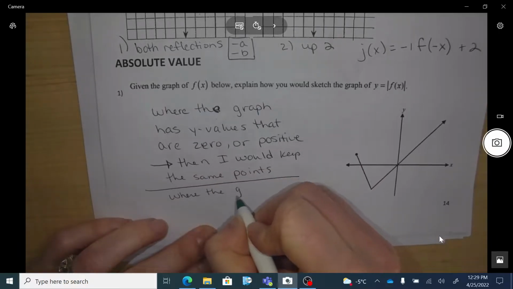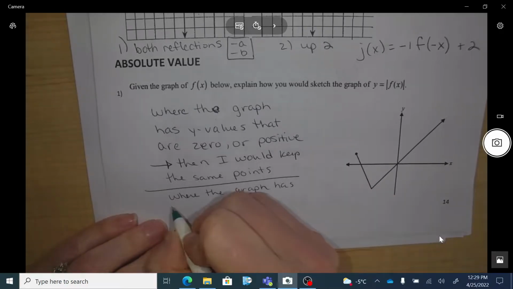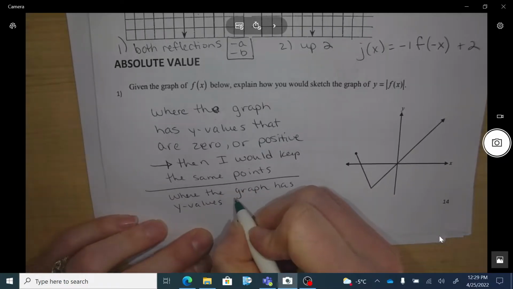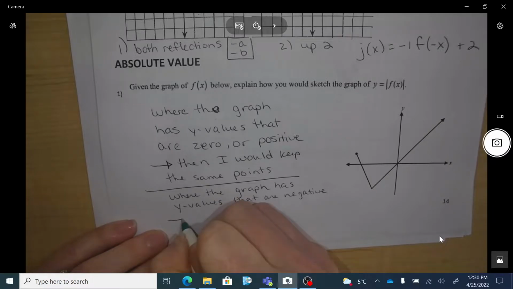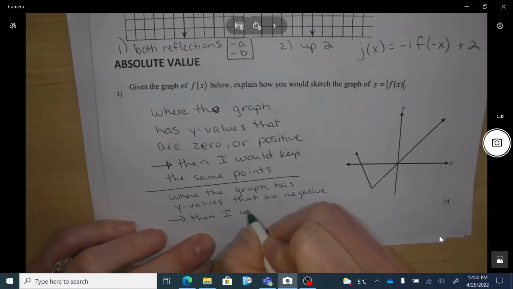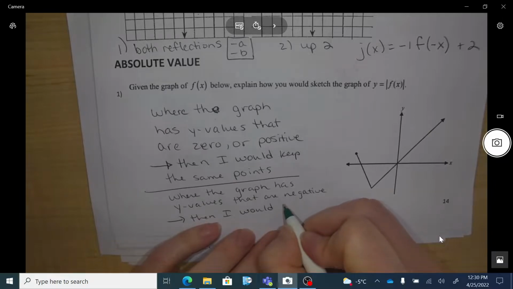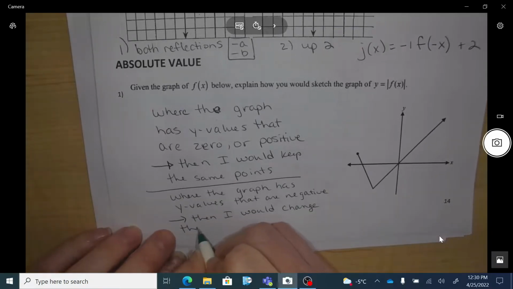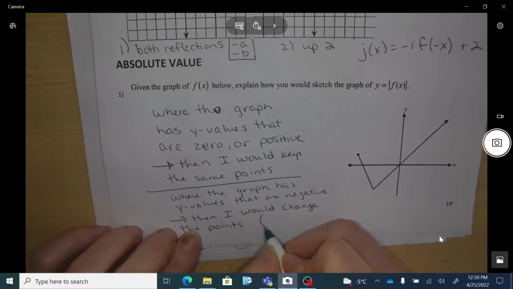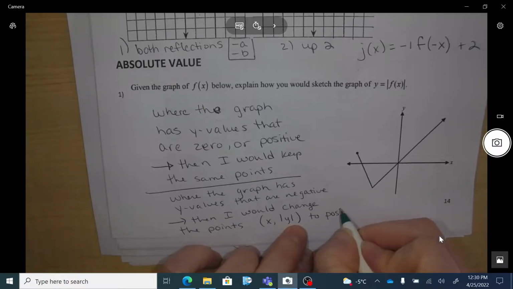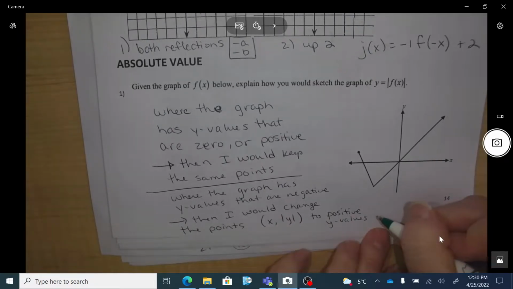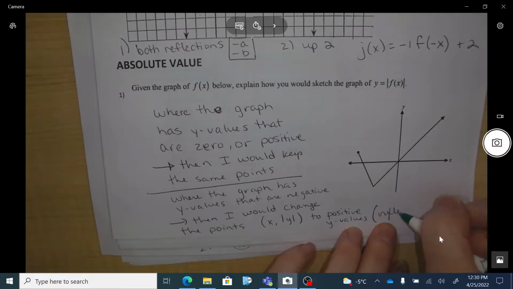Where the graph has y values that are negative, then I would change the points to positive y values, which would reflect over the x-axis.